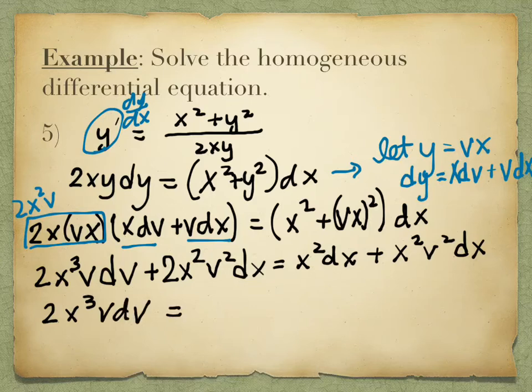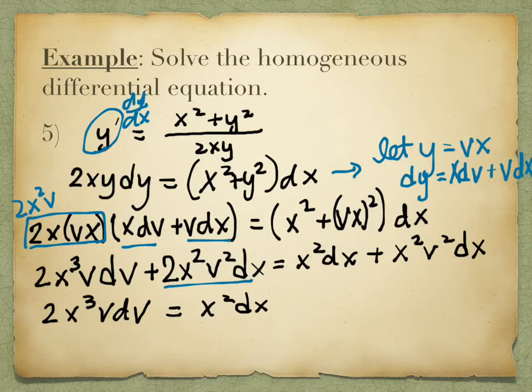And then the other piece that was on the left-hand side right here, it is going to move over to the right-hand side, okay? So one piece I have over here is x squared dx. Another piece I have is x squared v squared, but I'm going to be moving over a 2x squared v squared with what operation? Subtraction.